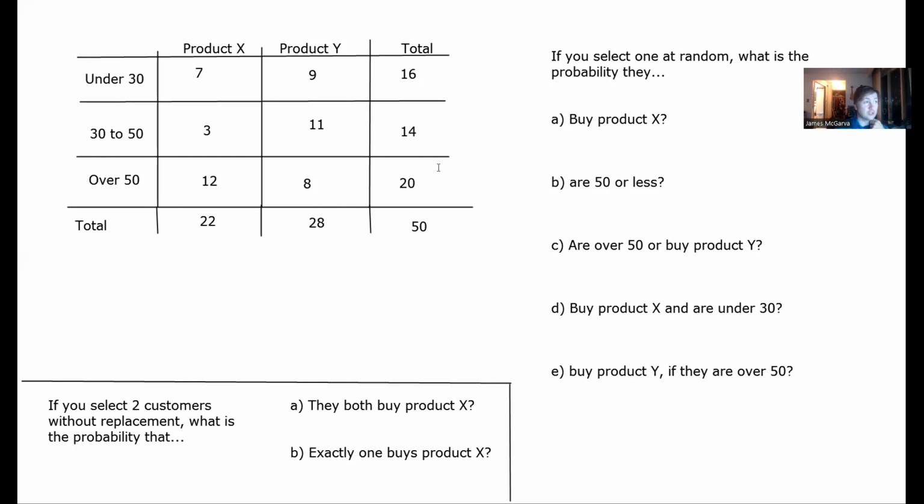because you're just looking up a number on a table, basically. All right, so it says if you select one at random, what is the probability that they buy product X?